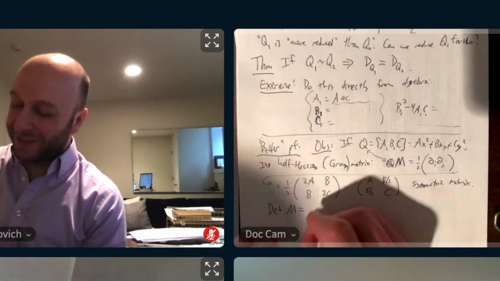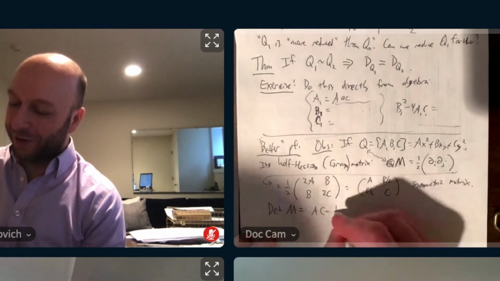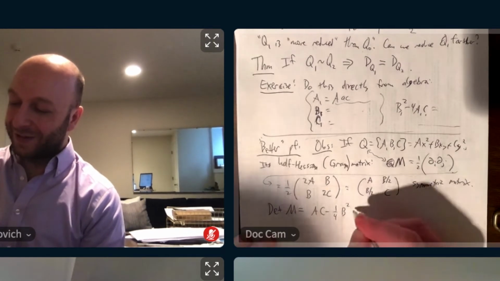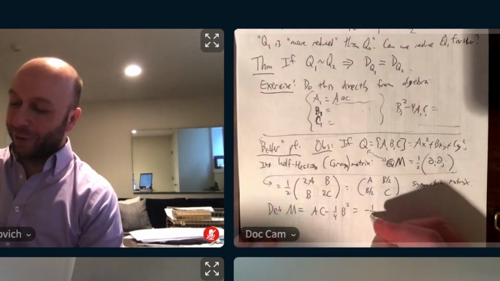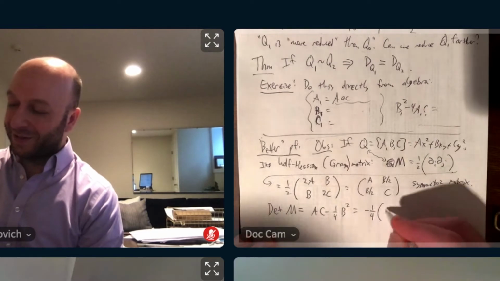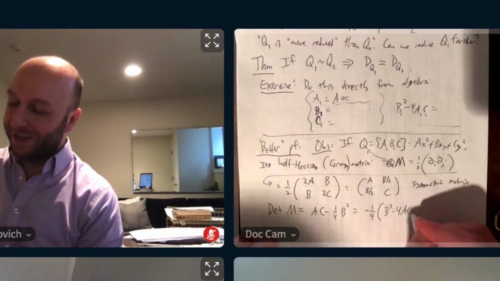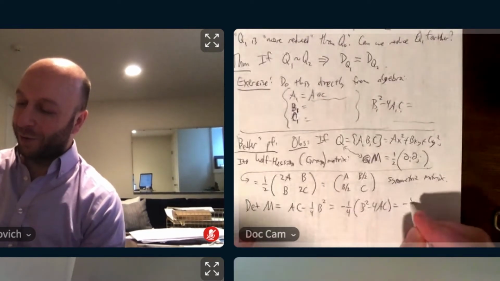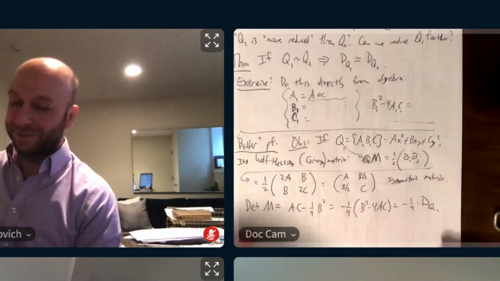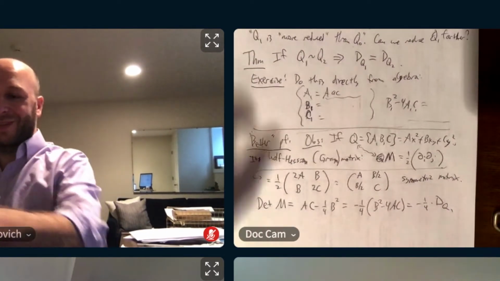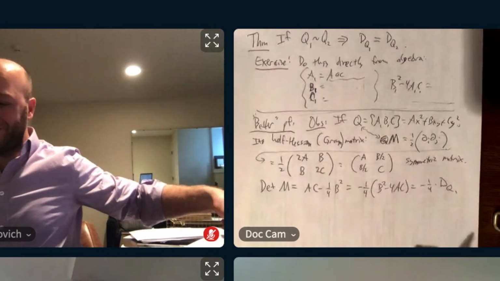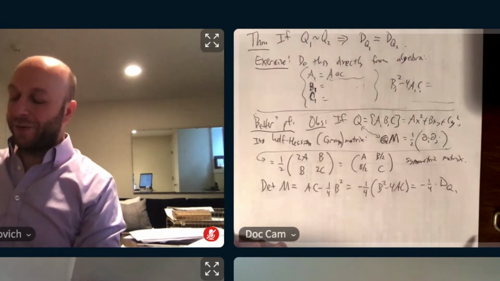It's A times C minus a quarter B squared, also known as negative a quarter times B squared minus 4AC, also known as negative a quarter times the discriminant. That's the determinant of the matrix.